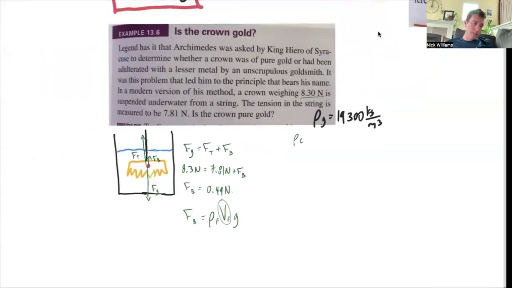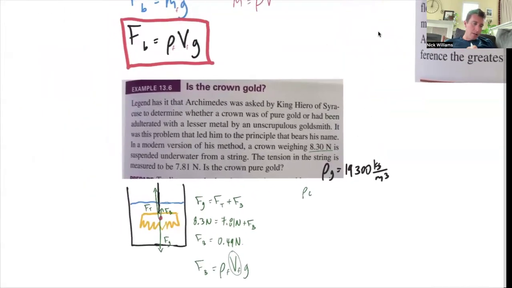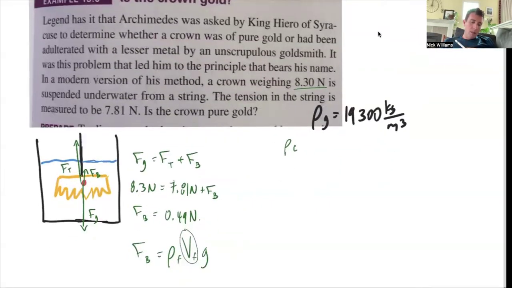So I could say that for the crown itself, the force of buoyancy on the crown is equal to the force of gravity, which is equal to the mass of the crown.